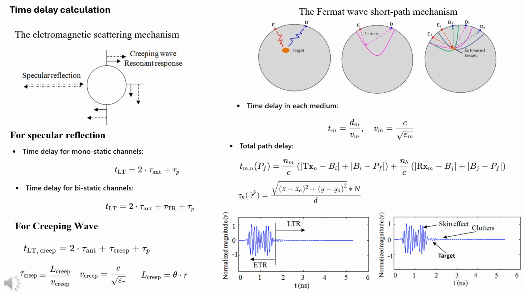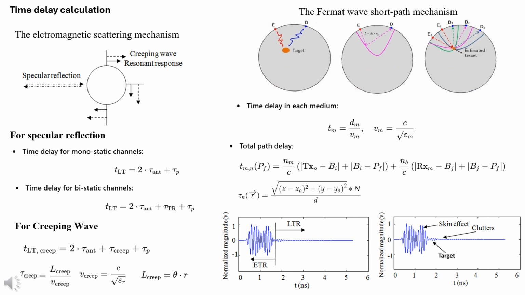The skin effect can also introduce delays and reduce the sharpness of the reflection, making it harder to pinpoint the target. Another critical region is the occurrence of clutters in the signal. These are unwanted reflections from surrounding objects, noise, or equipment, which create additional, often smaller peaks that do not correspond to the actual target.